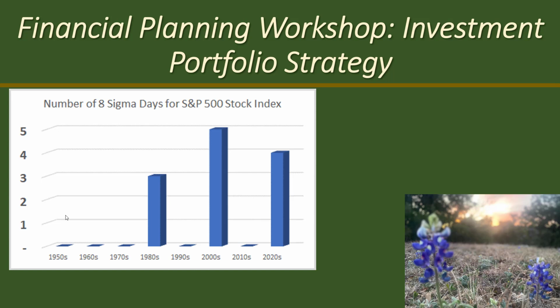In the 2000s, because of the 2008 crisis, we had 5 days, which would have been 8 sigma days. I remember that. That was the year before I retired. Very, very stressful day to be in the markets. And then in the 2020s, we actually had 4 days because of the pandemic, all in 2020.